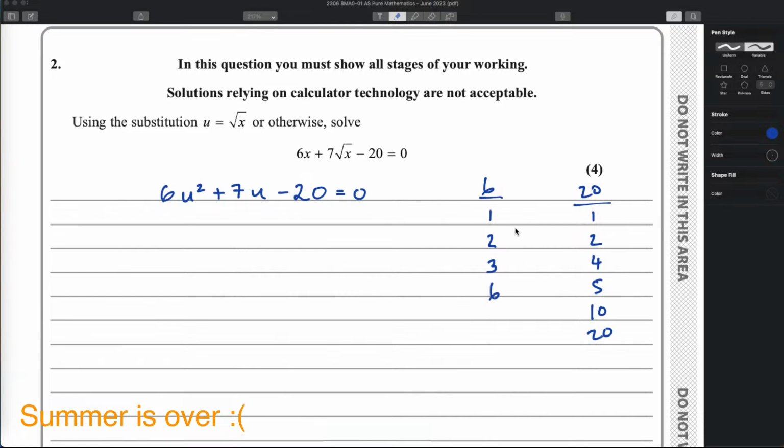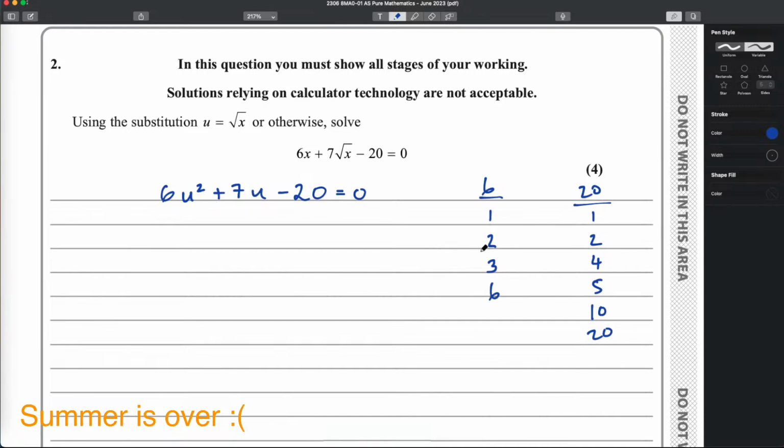So let's say we used 2 and 3. No, that's not going to work. What about 2 and 3 and 4 and 5? Does that do anything? 8 and 8? No, not really. 1 and 6. 6 and 13.